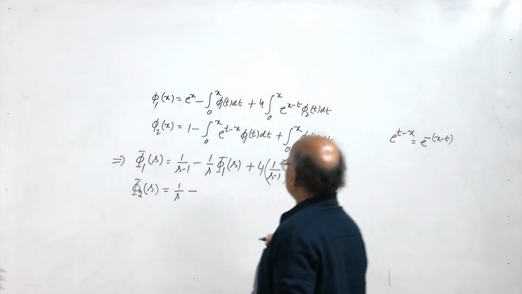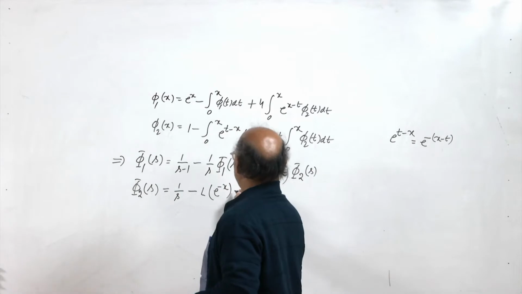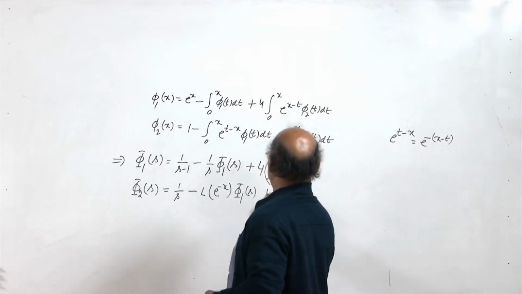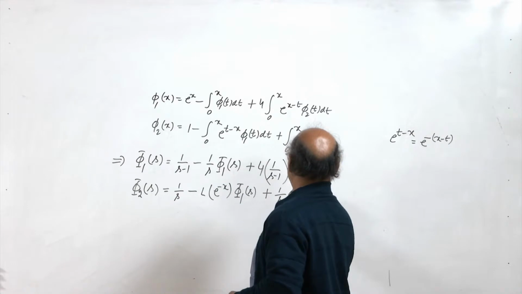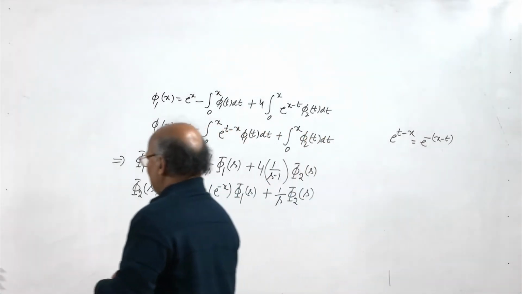So we will have the Laplace transform of e to the power minus x into the Laplace transform of phi 1 x, which is phi 1 s, and then the Laplace transform of 1, which is 1 over s, into phi 2 s.